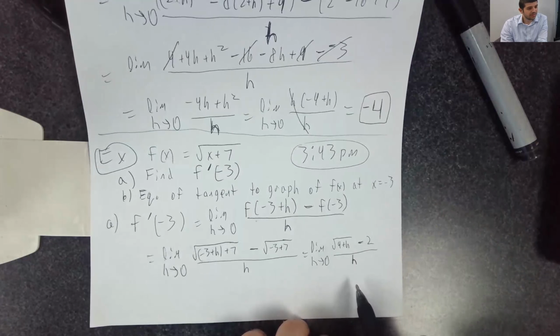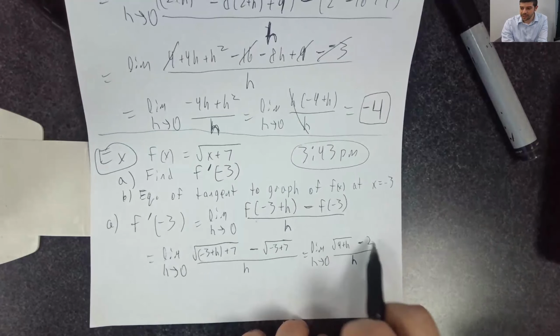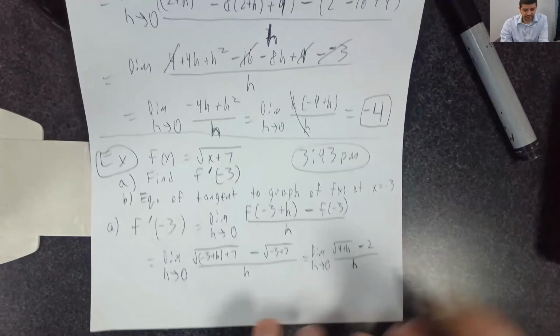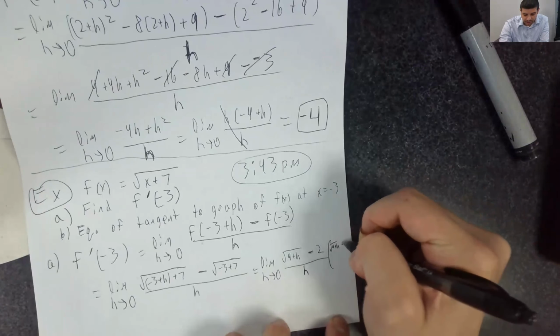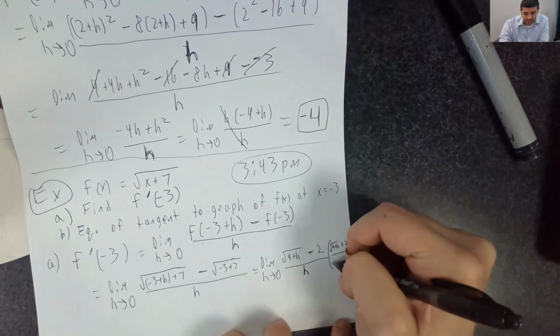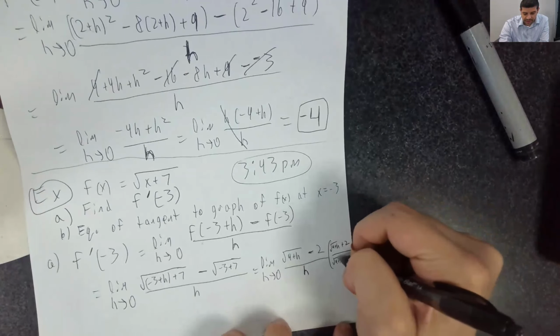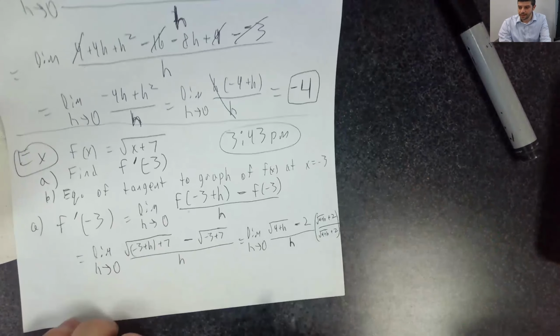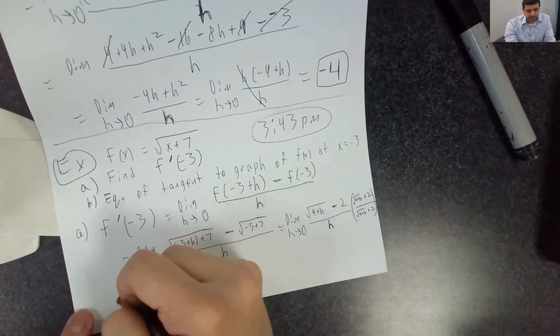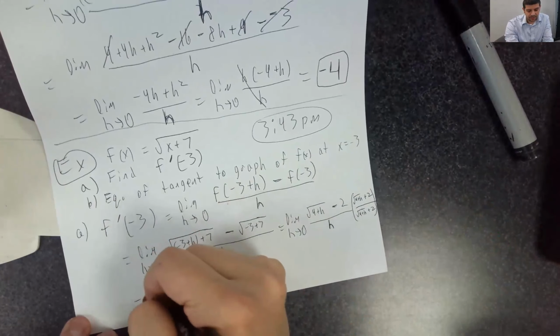We rationalize, right? We multiply by the radical piece, but with a plus sign. So we have to do top and bottom: radical 4 plus h plus 2. Like that. Is equal to limit as h goes to 0.